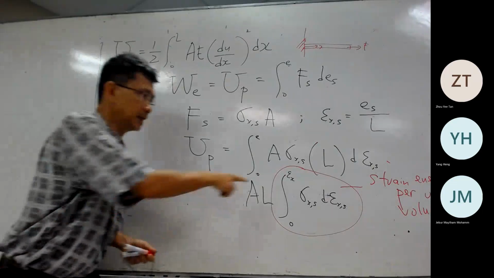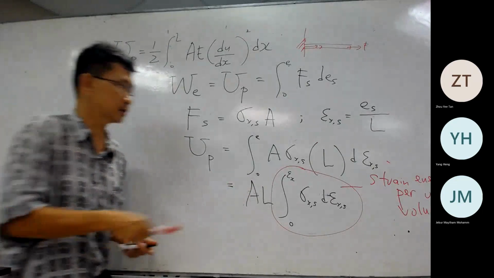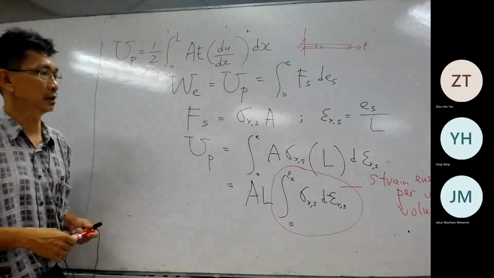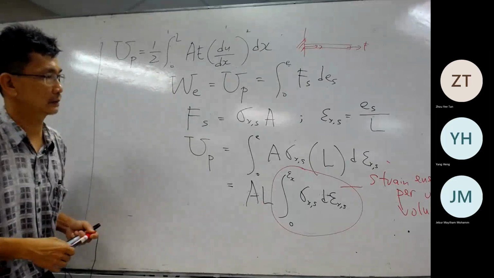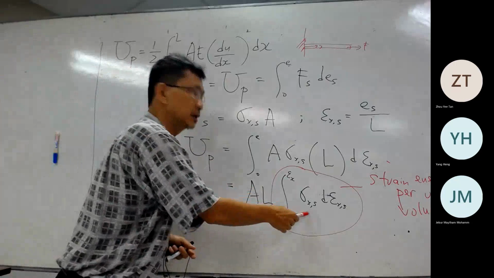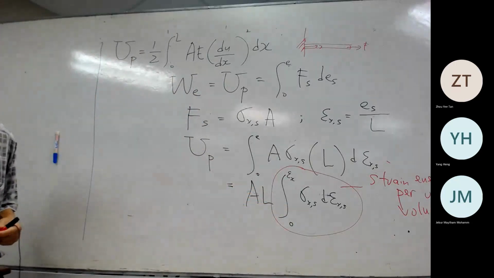And this is the area under the stress strain diagram. Area under the stress strain diagram is strain energy density. Earlier in today's lecture we talked about that, and here we show why it is called strain energy density.